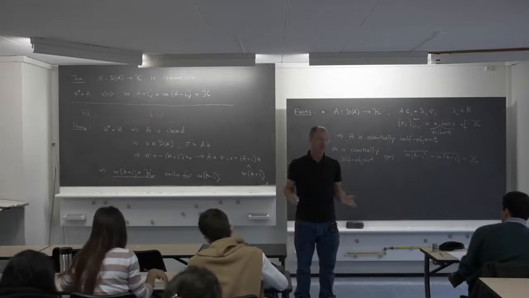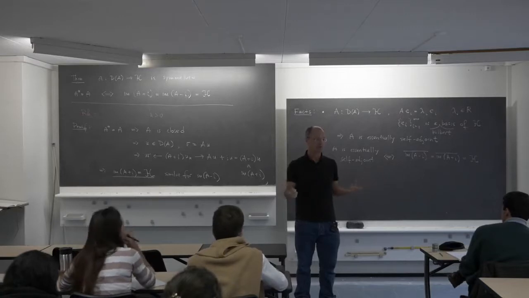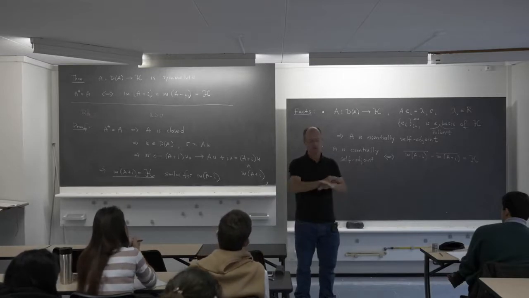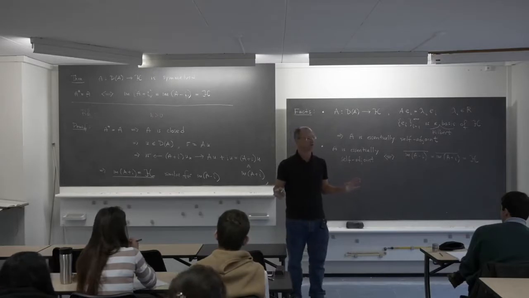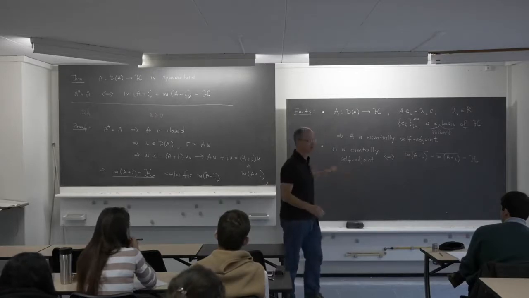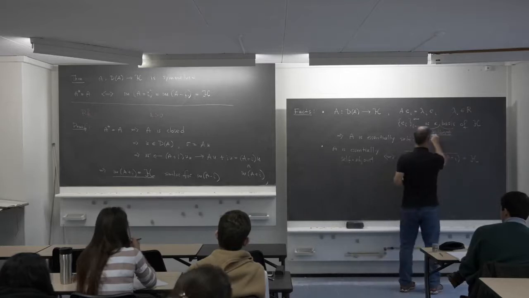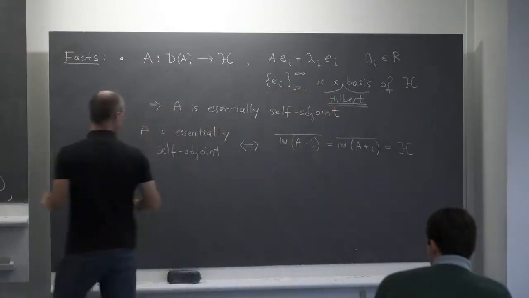A basis of a vector space a priori, that's a set of vectors such that every vector admits a finite decomposition in terms of those vectors. So we never deal with this notion. That's why I didn't want to bother you by reminding you what it was. But okay, whenever we say basis, we always mean a Hilbert basis. All right.